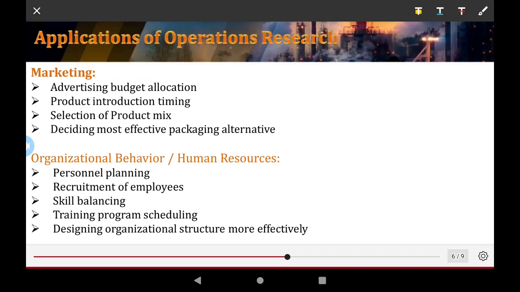A budget is given for the expenditure on advertising the product. The second is product introduction timing. Suppose your product is in its launching time. First of all, you use social media.